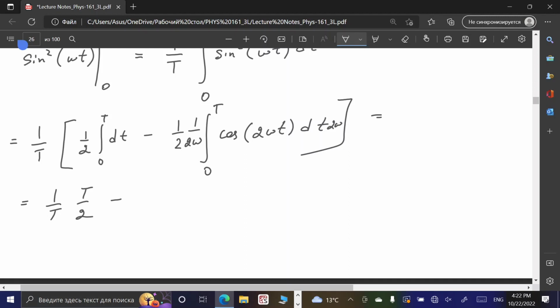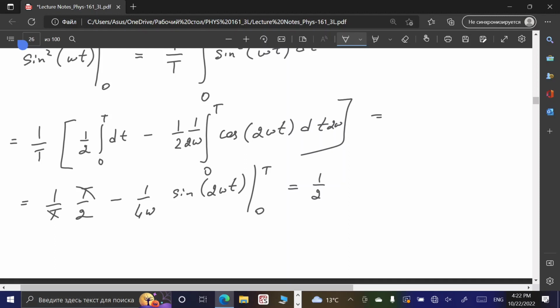So we have the same argument of the function as the differential. And we get 1 over 4 omega sine 2 omega t from 0 to capital T. Here we cancel this out, so it will be 1 half.